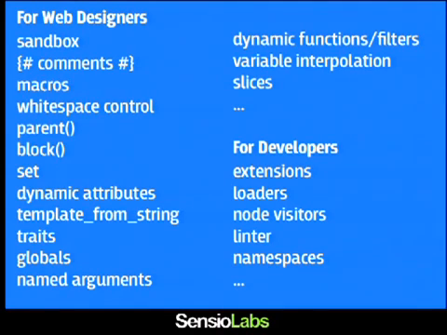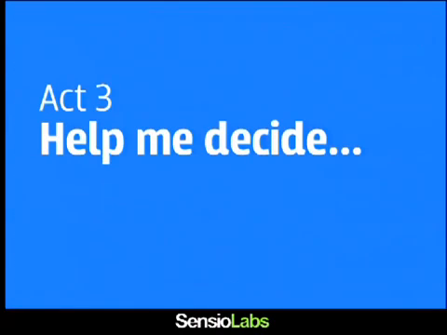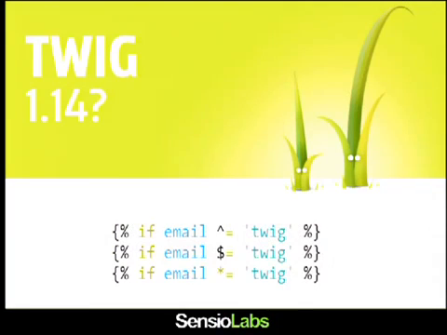And as there are quite a few people in the room here, I'm currently working on TWIG version 1.14 or something. And I'm wondering if adding new operators like this one is actually a good idea or not. How many of you can understand what they do?